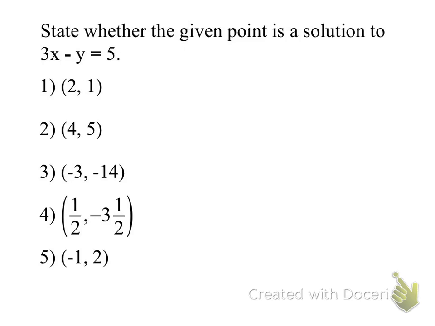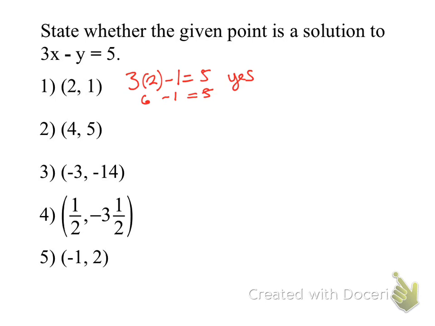Okay, so now state whether the given point is a solution. So we can substitute in 3 times 2 minus 1 equals 5. 6 minus 1 equals 5. Is this a solution? Yes. Number 2, raising a quiet hand. Is it a solution?